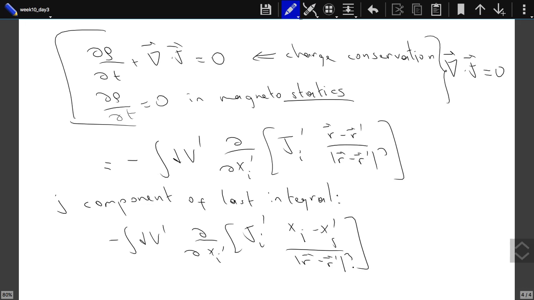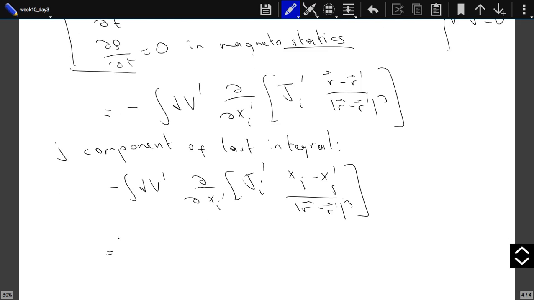This is a vector. Well, I'm just summing over i, but still I have a vector over here. So what I obtain at the end is still a vector. So I can talk about the components of that vector. So I'm taking one of those components.